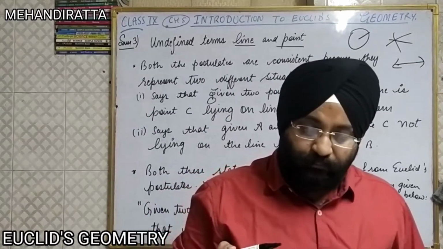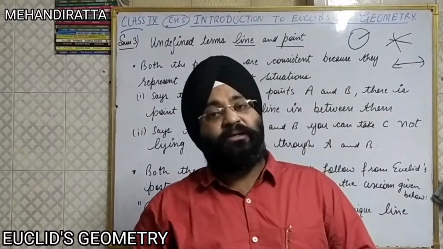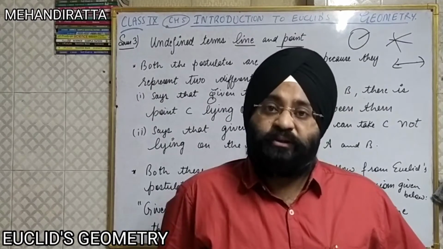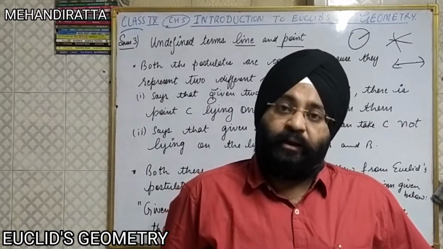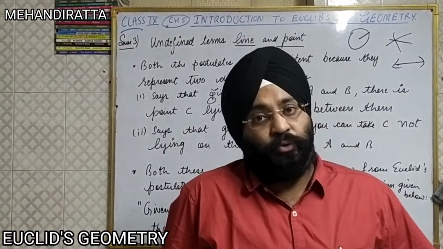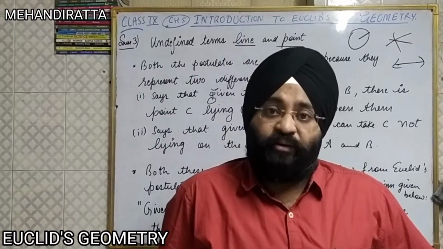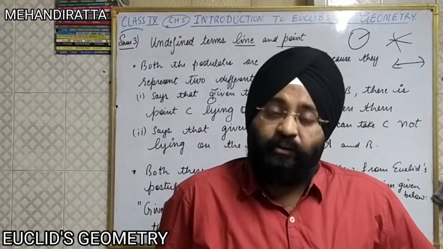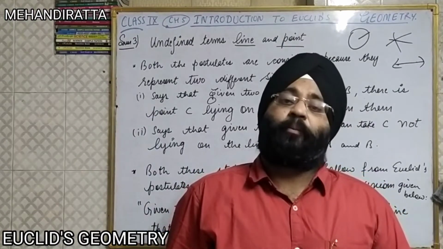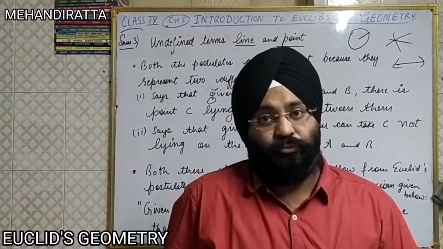Last, fifth is square. A square is a quadrilateral in which all the sides are equal and the diagonals are also equal. And the sides are at 90 degrees, meaning the sides are perpendicular also.